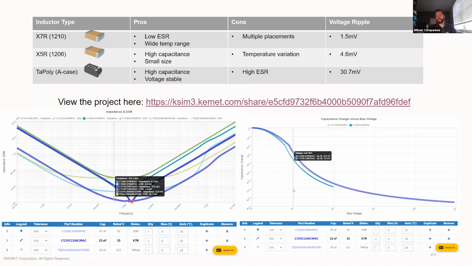So it's the KSIM data is based on both measured and actual results. And one of the ways that we try to account for some slight variations in the population is that measured data is the average of a population of five of the components.